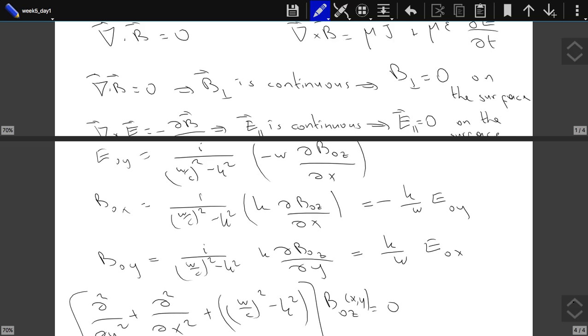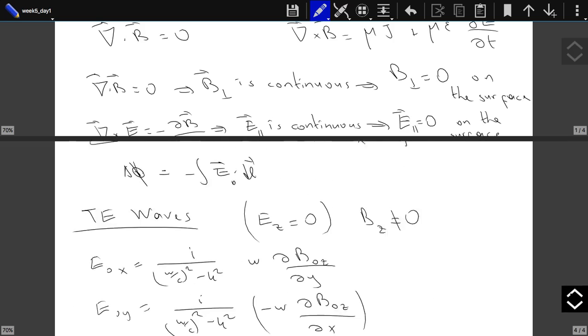Well, that means the derivative of B0z with respect to x and y is just 0 on the boundary. You see, I already said that the perpendicular component of B0 is 0. Okay? So that is what I said. Now, in fact, I'm kind of, let's say, cheating.